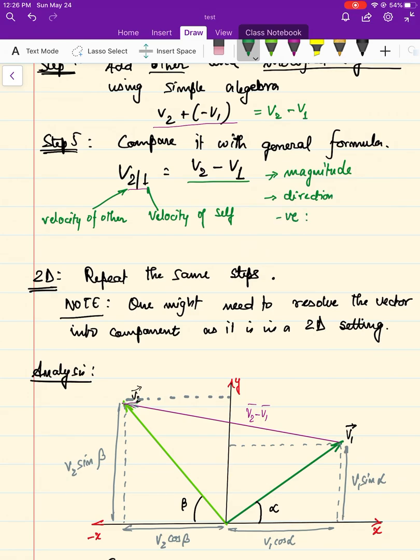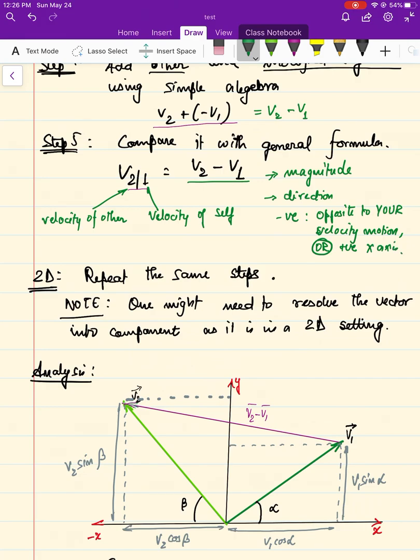it means that you're opposite to your velocity motion, or positive x-axis. So whichever direction you consider as your positive sense.